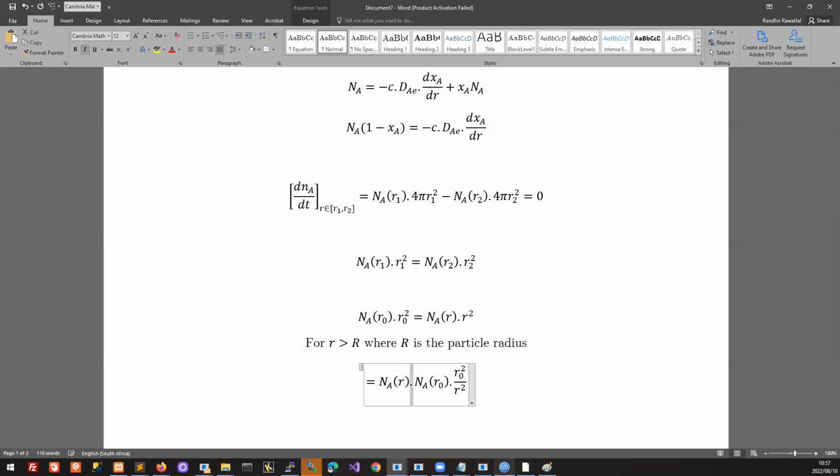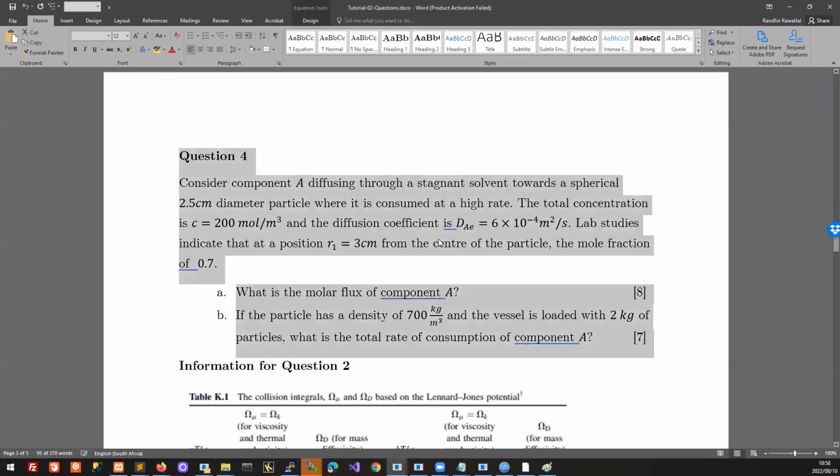So we can say the molar flux at position R is the molar flux at some other radial position multiplied by that radial position squared divided by R squared. Okay, so that gets us some way towards it.